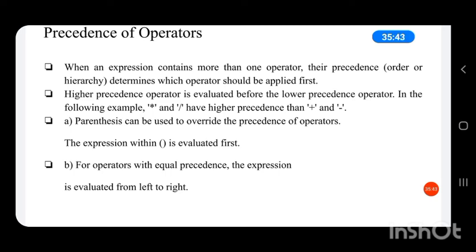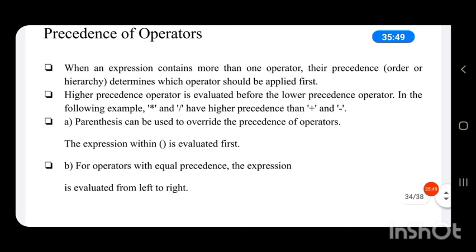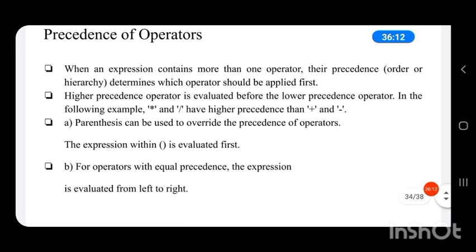This precedence problem can be solved by parentheses, which can be used to override the precedence of operators. So if there is any confusion, we can put the higher precedence operator, or the operands and operator combination, in a bracket. For operators with equal precedence, the expression is evaluated from left to right.